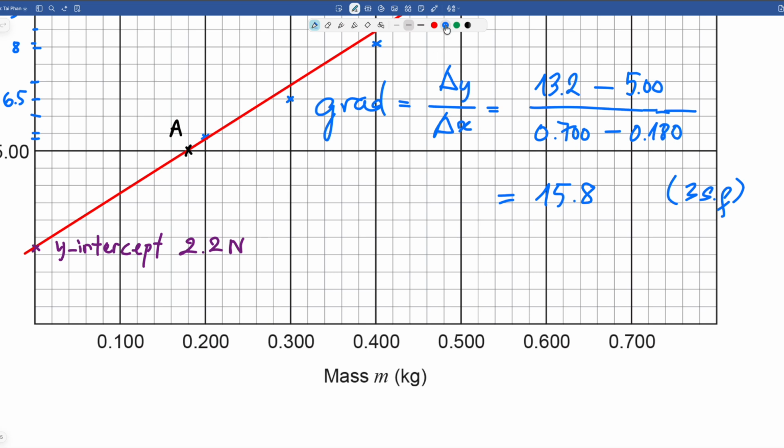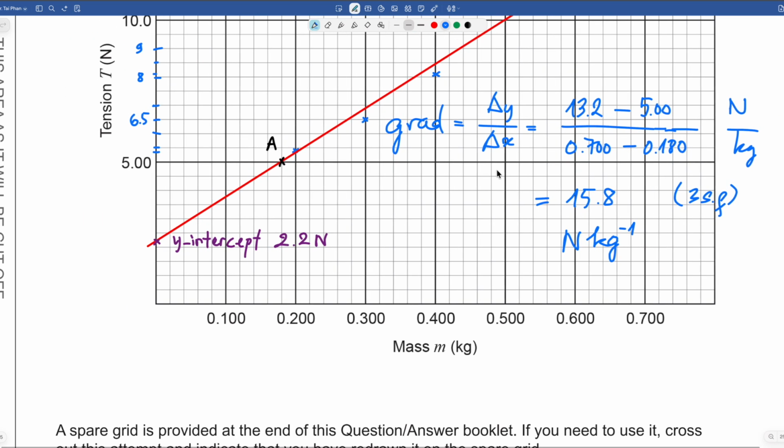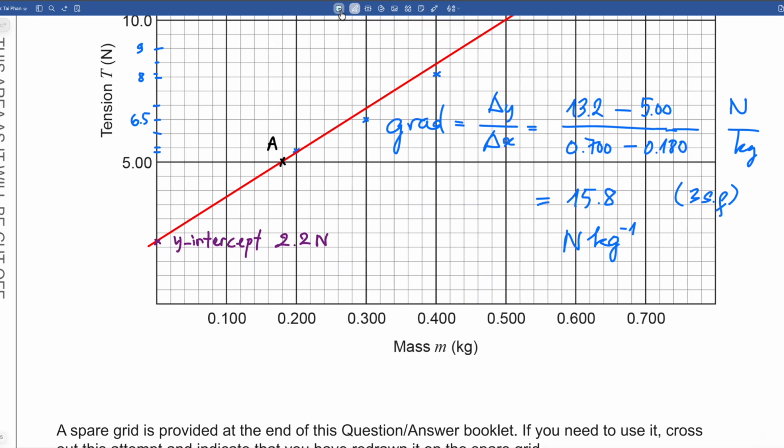Okay, and of course the unit of the force is Newton, and the unit of the x here is a kilogram, so we can conclude Newton per kilogram is the unit of this gradient. Of course you need to show this calculation in your answer.